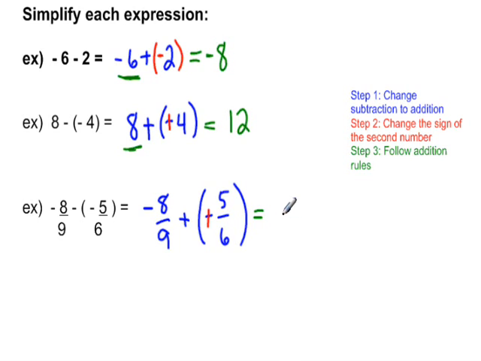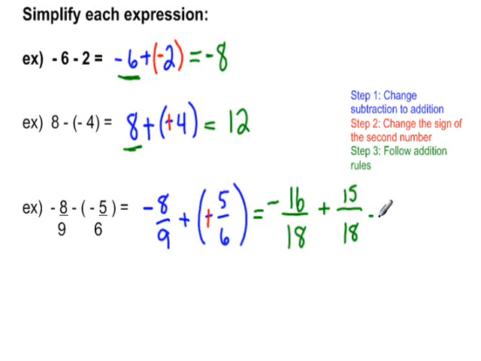The easiest one to work with will be 18. Alright, so let's talk about the new numerators here. 9 changes to 18 by multiplying times 2, so negative 8 times 2 is going to be 16 here. 6 changes into 18 by multiplying times 3, so 5 times 3, 15.